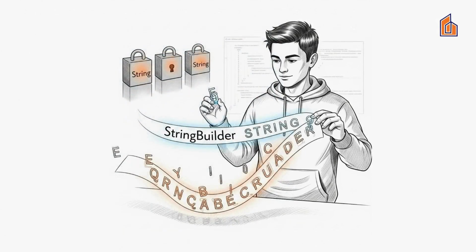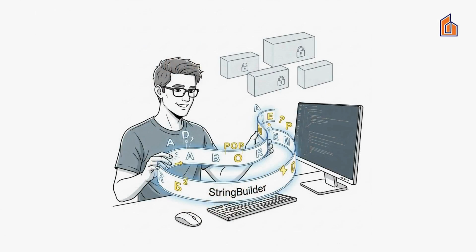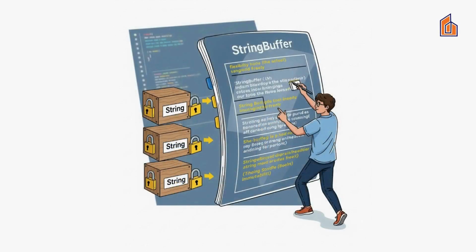That's where StringBuilder comes in. It is a mutable class in Java, meaning we can modify its content without creating new objects every time. Think of StringBuilder as a flexible notebook where you can erase, edit, and add text as much as you want without wasting new pages.